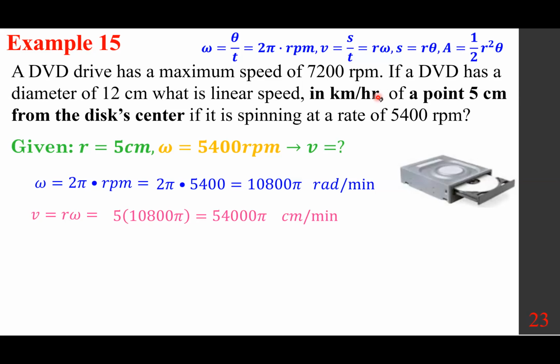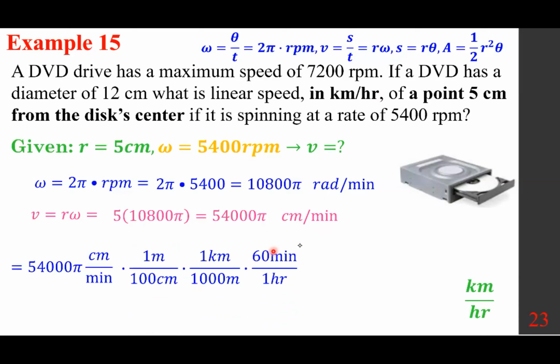Now you want to change it to kilometers per hour. 1 kilometer is 1,000 meters. Remember, this is centimeters, and 1 meter is 100 centimeters. And 1 hour is 60 minutes.